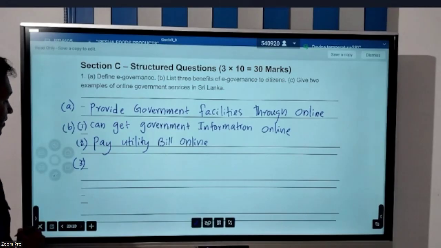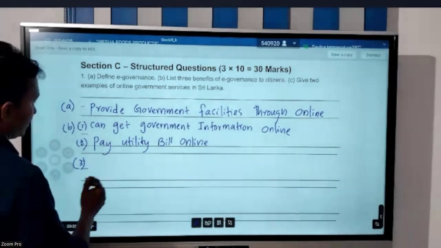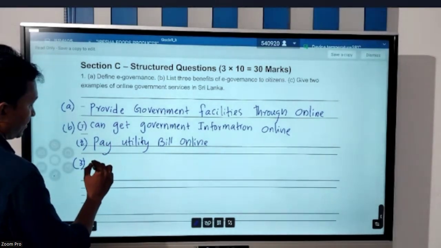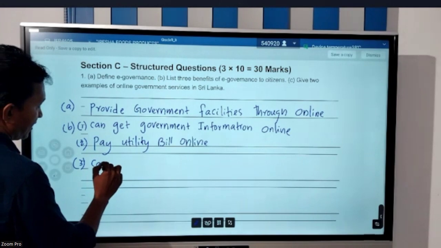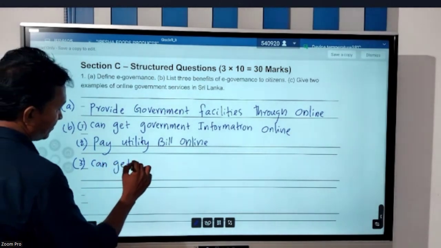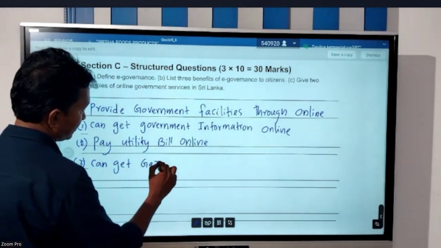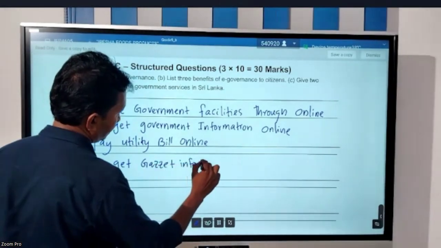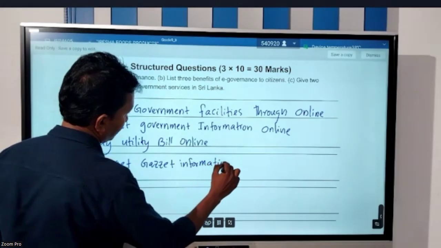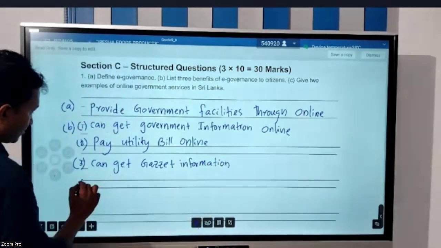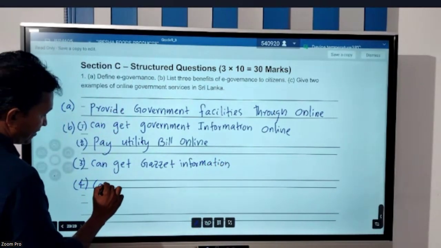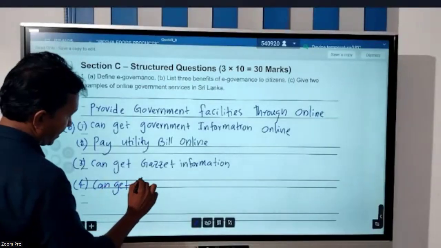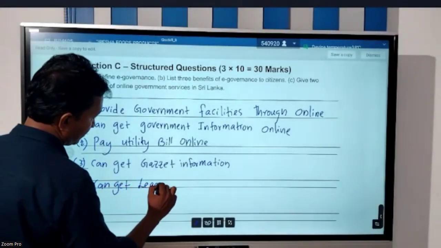And can get gazette information, can get legal information.